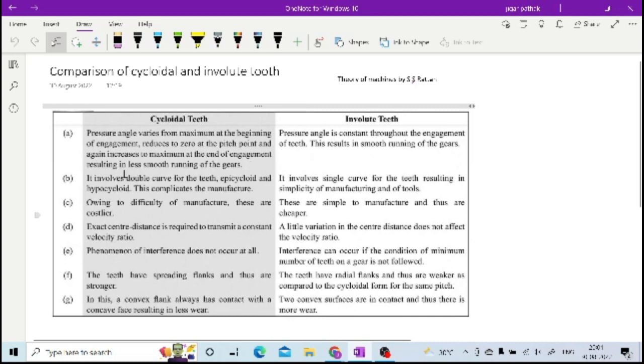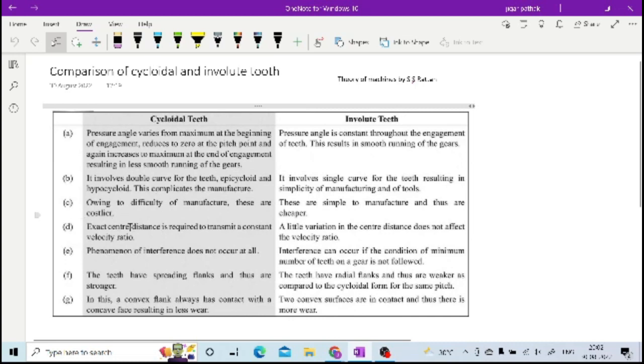Right? One more thing is regarding the manufacturing of cycloidal teeth. So when you manufacture cycloidal teeth, it involves this double curve, right? So that makes it complicated and difficult to manufacture, while in case of involute it is a single curve only, right? So it is having simplicity in manufacturing this kind of teeth. Now then in cycloidal teeth, you are having this exact center distance, right?